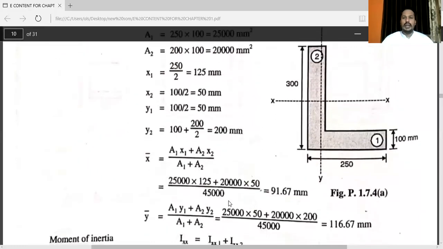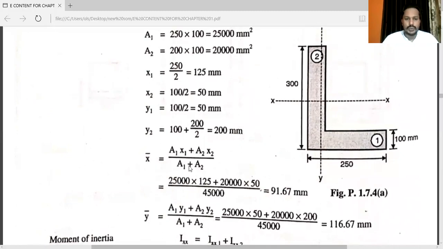We know the formula how to calculate x bar. So x bar is equal to a1 x1 plus a2 x2 upon a1 plus a2, that is summation of entire area. So here we know the area of a first rectangle, area of a second rectangle. Already we have a1, we have a2, means we have the summation of all the area.